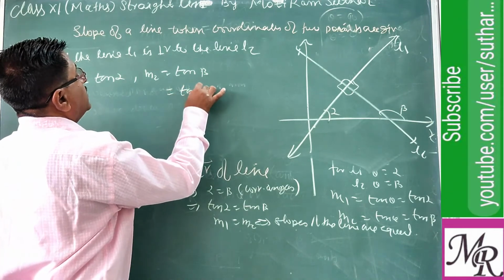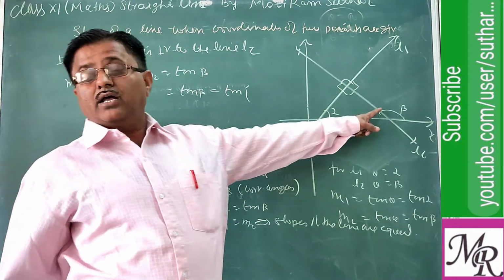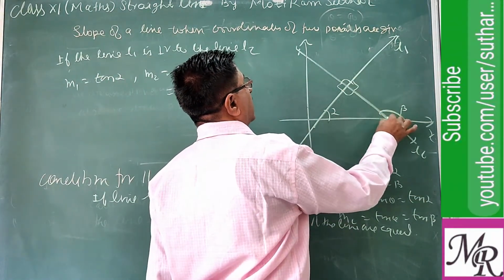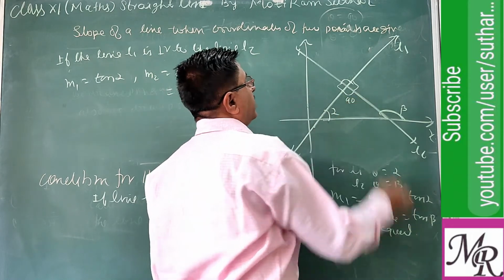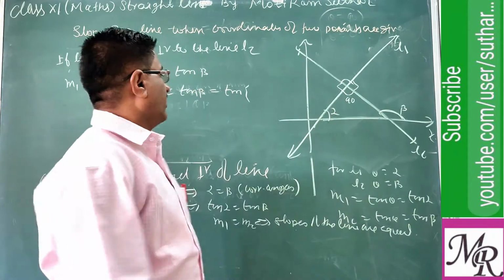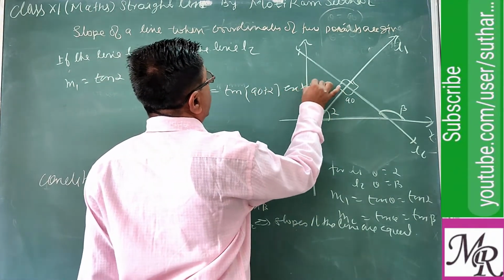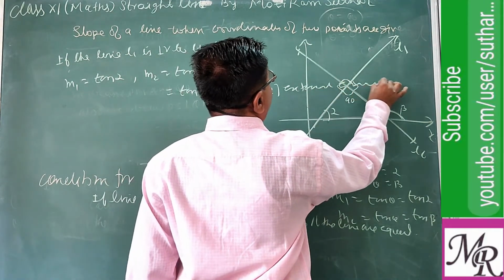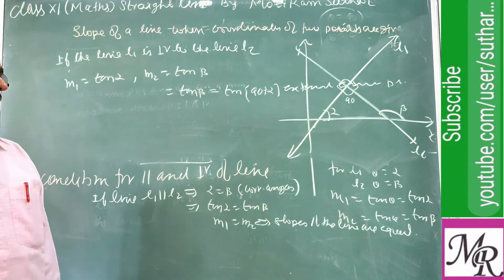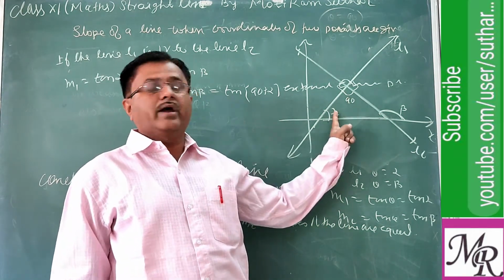Now see, this is an exterior angle to this triangle, and this angle is 90. So beta can be written as 90 plus alpha, by the exterior angle property. What does the exterior angle property say? The value of beta will be the sum of the opposite two interior angles.